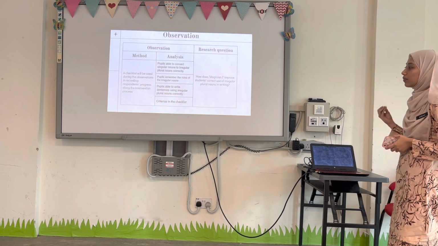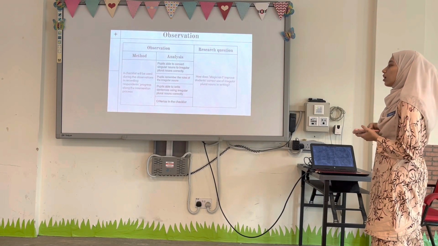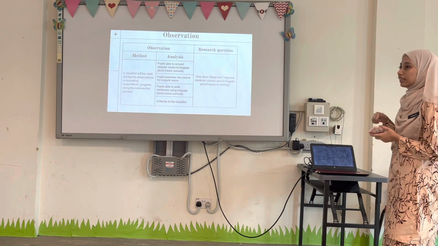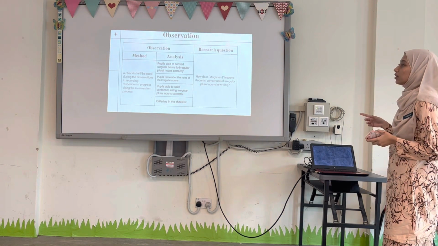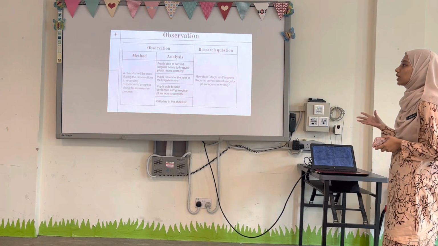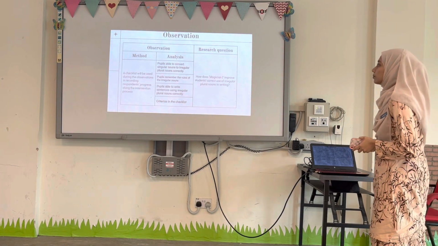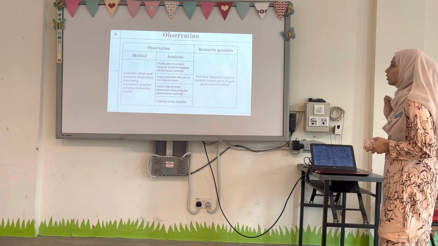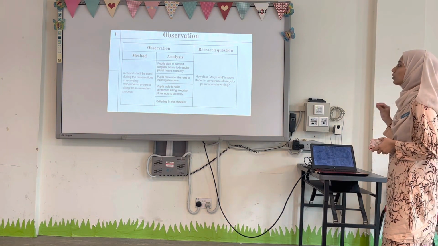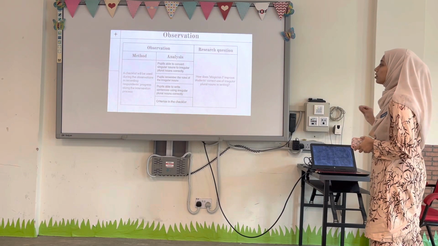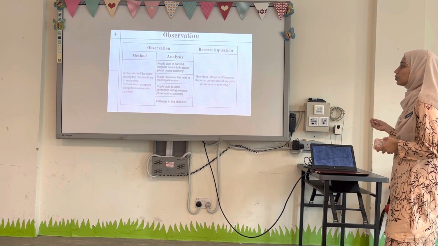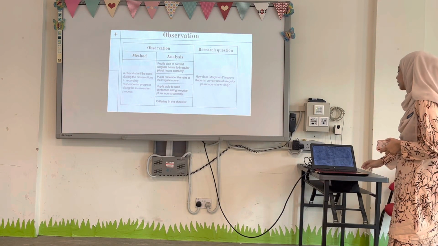So during the observation, I'm going to look at these aspects and then tick them if the research participants already fulfill the criteria. And the analysis of the observation will lead me to answer the question of how does Magician I improve students' correct use of irregular plural nouns in writing.